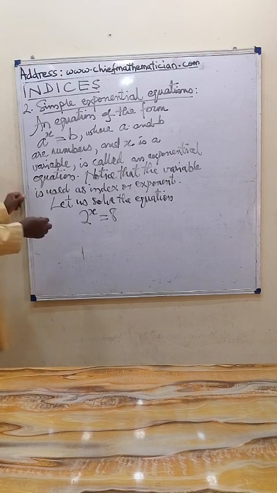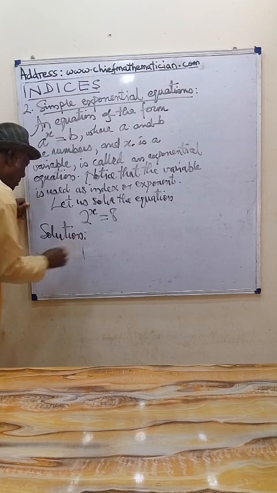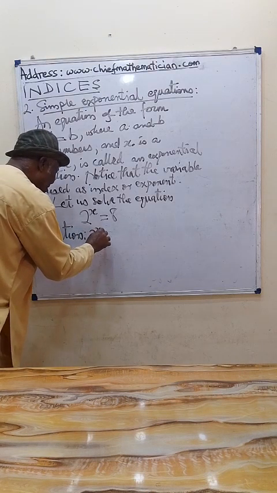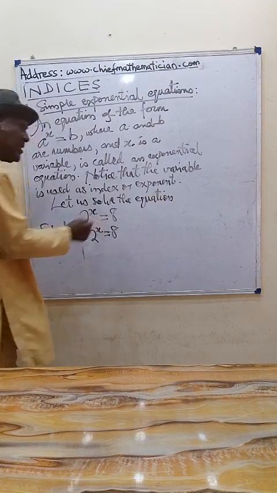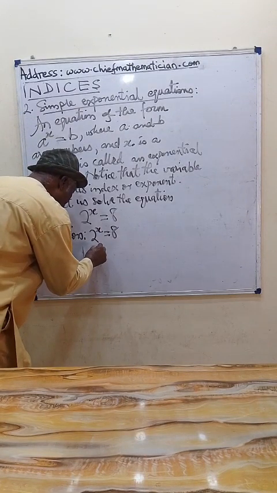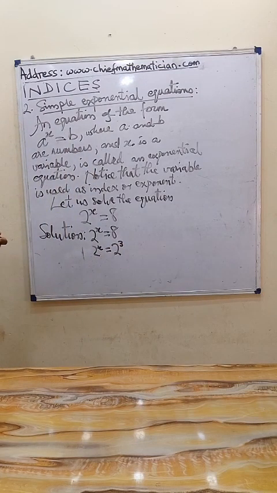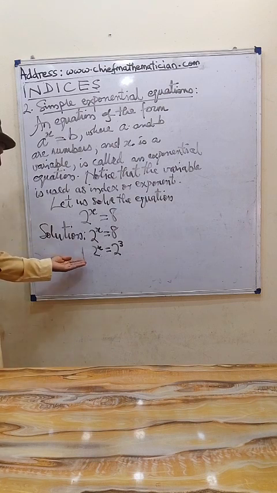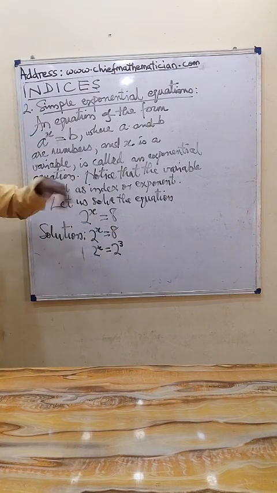How do you solve it? Two raised to the power x is equal to 8. That is what we are given. But we know that 8 can be written as 2 to the power 3. So 2 to the power x is equal to 2 to the power 3. What do you observe on both sides of the equality sign?